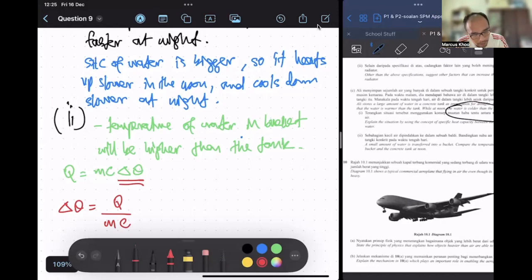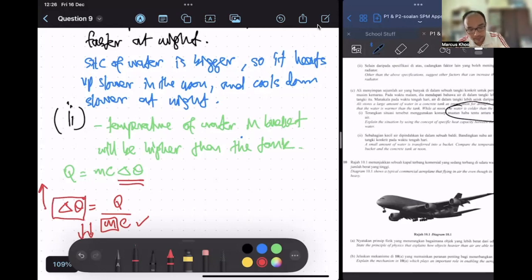But now our mass is greatly reduced compared to the water in the tank. The specific heat capacity doesn't change, so since the mass has been reduced, the temperature change must be very high. It means it gets hotter faster because there's less water now.